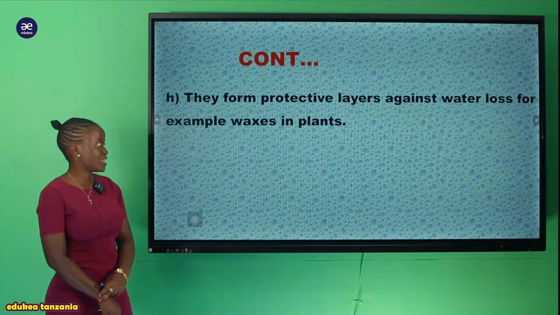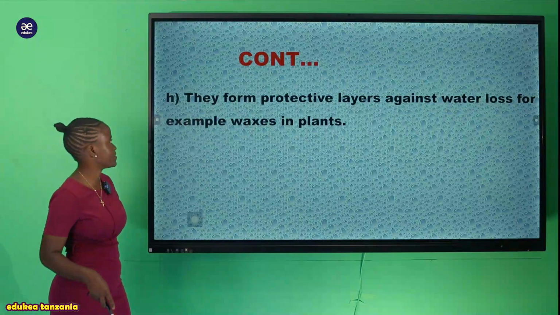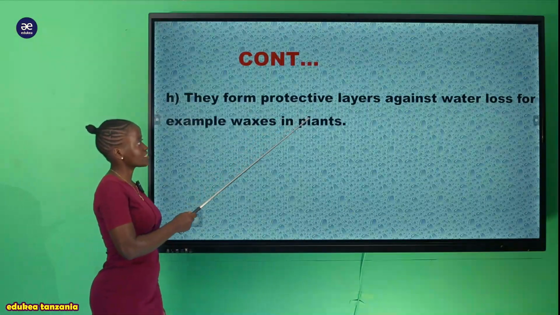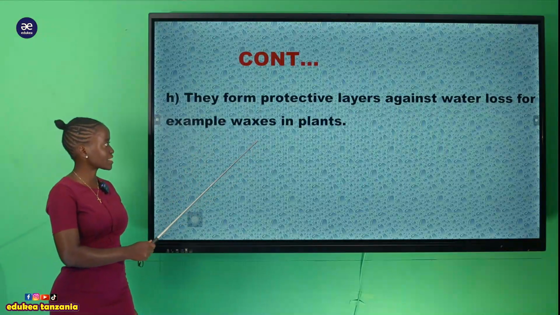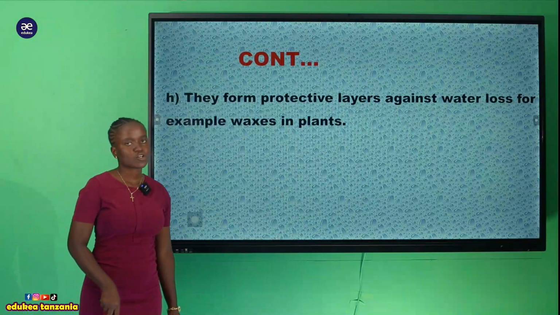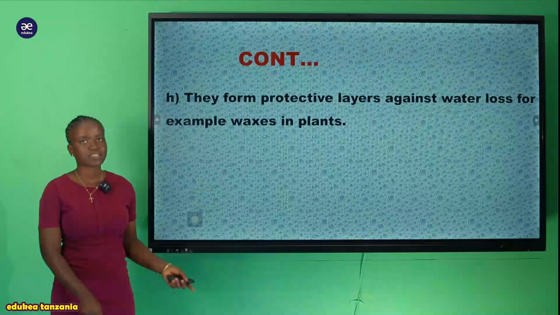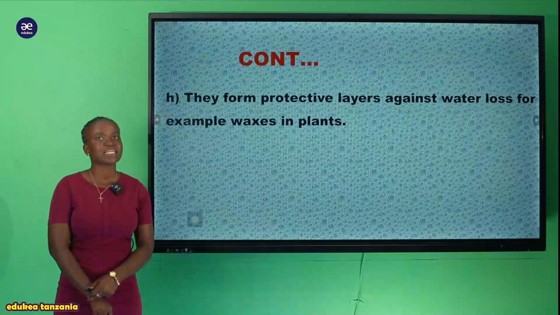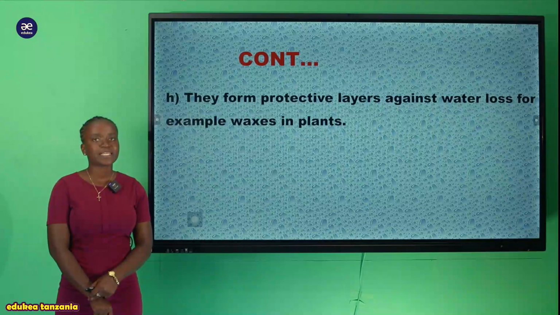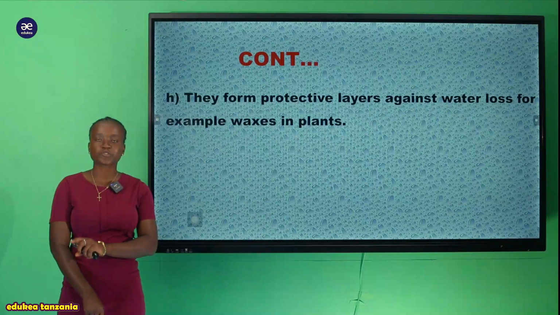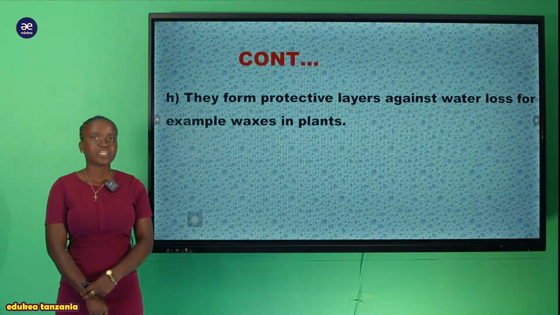But another function of a lipid here, we can simply say that they form a protective layer against water loss, for example, waxes in a plant. So also those waxes which are found within a plant are lipids. So due to the lipid nature, it tends to protect against water loss within a plant.